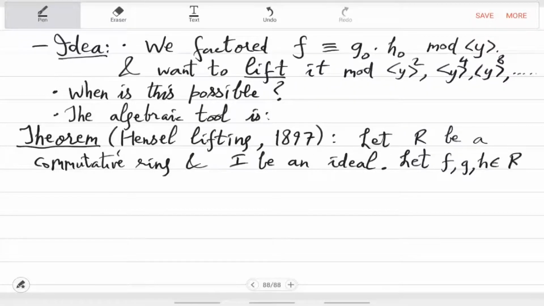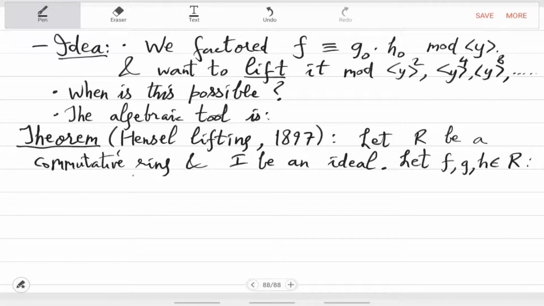If you don't want it too abstract, you can think of R as the polynomial ring, just like we had before in this example. R is the bivariate polynomial ring, and there are 3 polynomials f, g, h, and g, h are the factors. So such that f is congruent to g times h modulo this ideal. Again, this ideal you can think of as the ideal y, or its square, and so on.